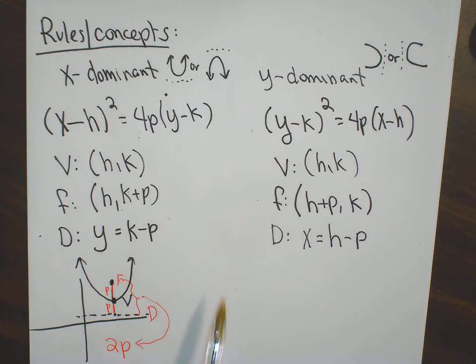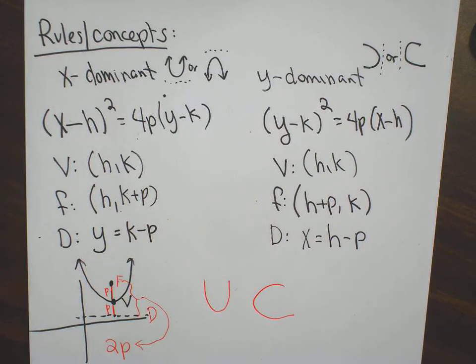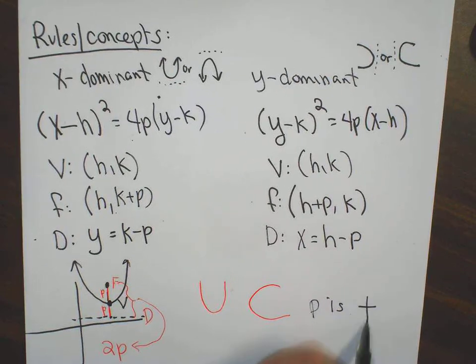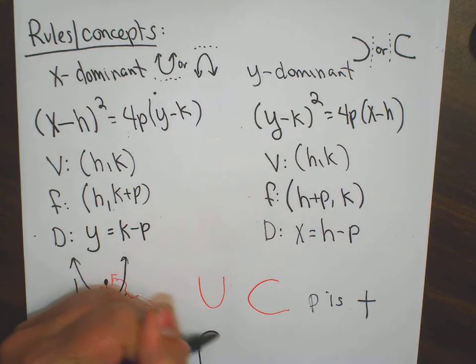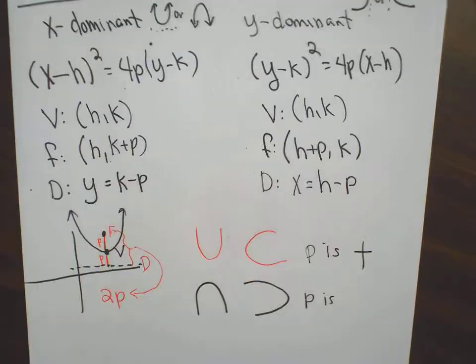If it opens up or right, p is positive. If it opens down or left, p is negative. So when you're finding the length, it's always positive, and then you decide whether the value is positive or negative, and that indicates the direction of your parabola. Okay, are you guys with me okay? Any questions so far?